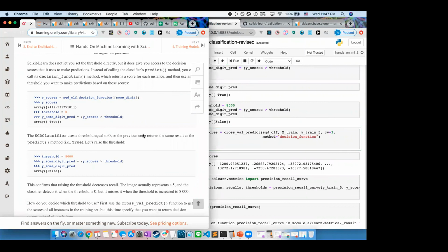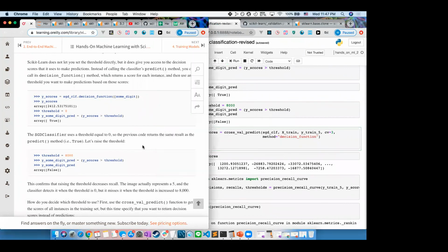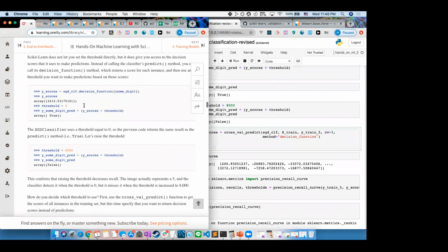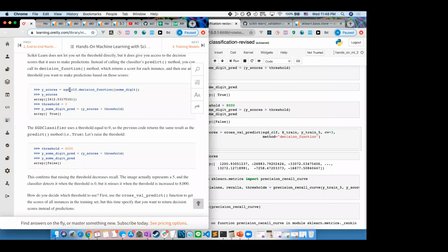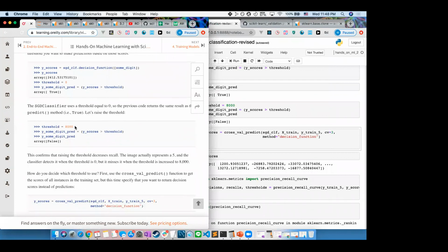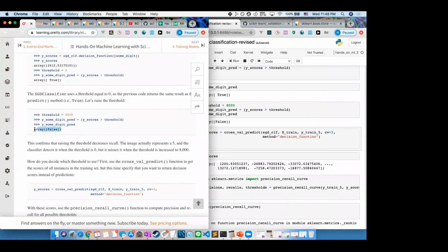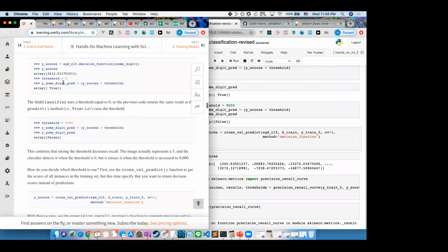And later on as well. Okay, so when we first set it to 0, then this is true. The way you get the decision score is again this decision function, but when we set the threshold to be 8,000, this becomes false, because the score is actually 2412.